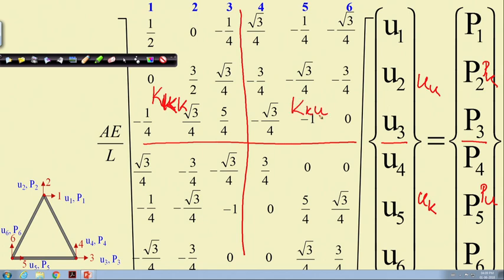Why I am writing them this way will be clear shortly.